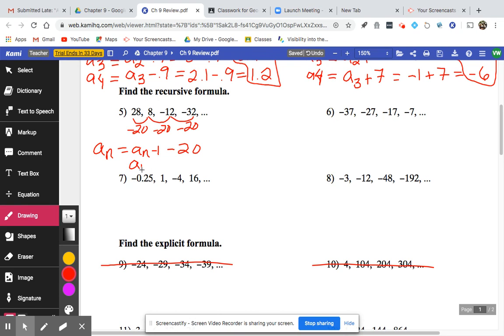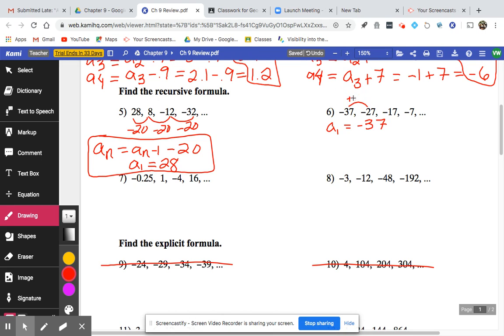And here, let's identify the first term as well. First term is the very first one on the list. It's 28. And that's it for number 5. Number 6, let's go ahead and just identify the first term, A1. That's negative 37. Cool. Now we got to figure out the formula rule. Hopefully this one's pretty easy to spot.